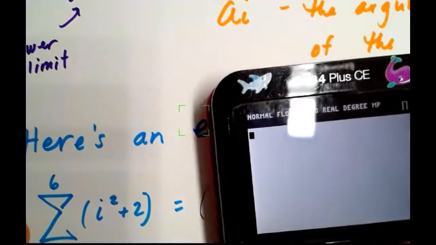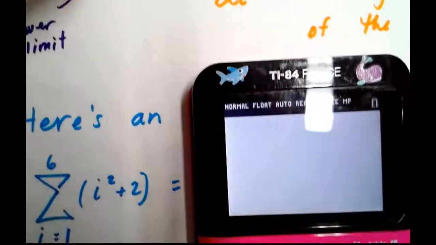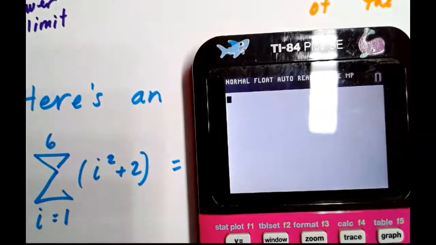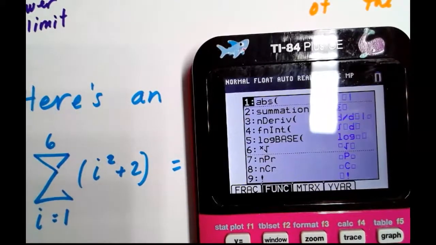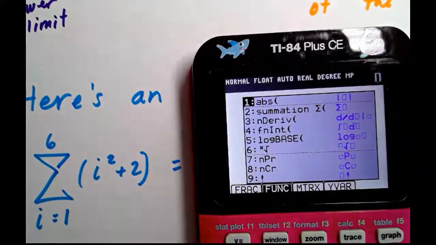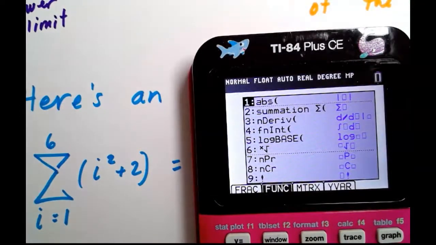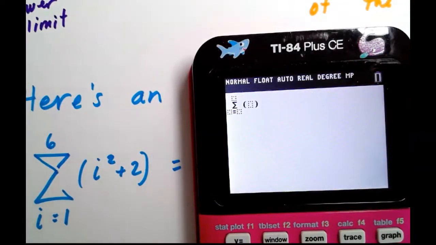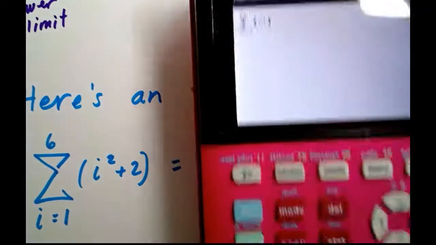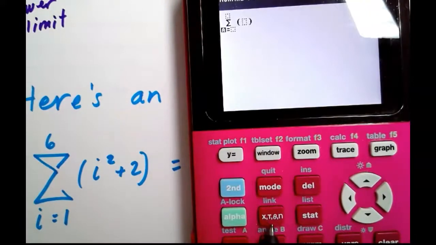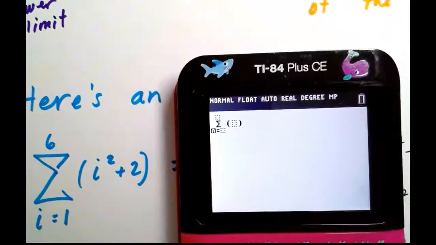So here is what we're plugging in to our calculator. So we have a sigma notation. Here we go, Alpha F2, and we want to choose choice 2, which is the sigma notation. And then we just have to fill in all the parts. On our variable key, we don't have an i, but we do have an x because we're most likely in function notation.